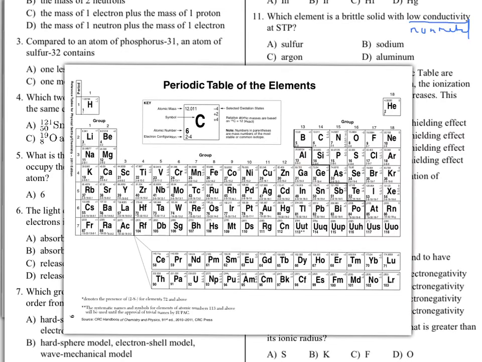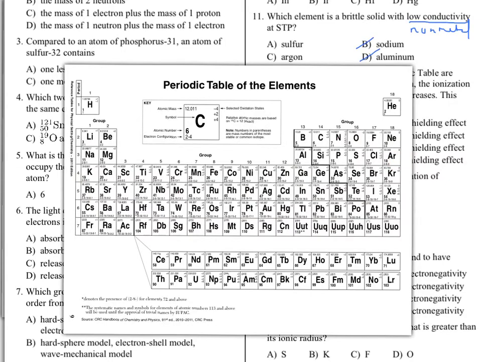So recall that metals are located to the left or underneath the staircase, while nonmetals are to the right or above the staircase. So sodium is a metal, as is aluminum, and sulfur and argon are both nonmetals. So we can eliminate the choices of sodium and aluminum.